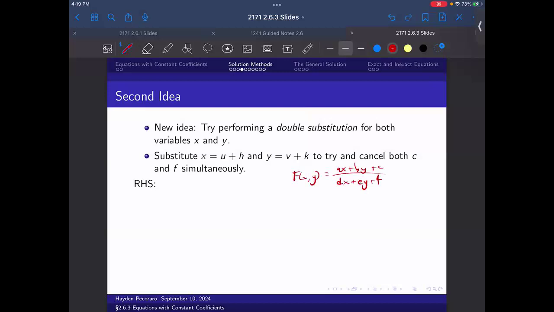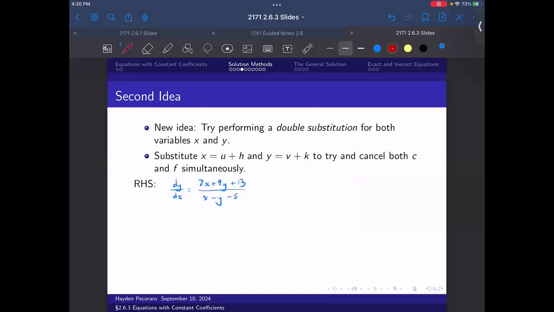If you've seen the Jacobian before, then you know what that is. Okay. So we want to transform the right-hand side of our differential equation. Let's write that down real quick. We've got dy/dx equals 7x plus 9y plus 13 over x minus y minus 5.